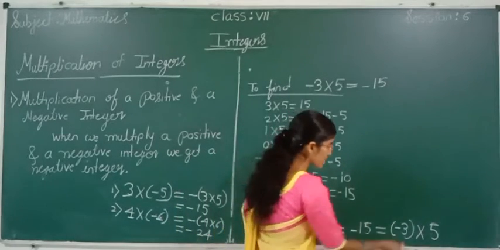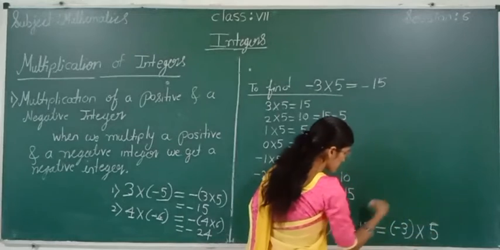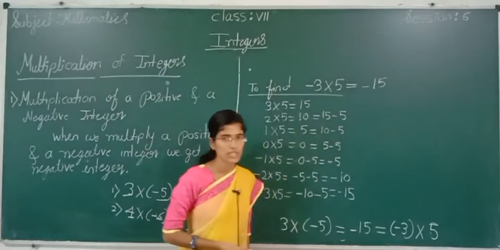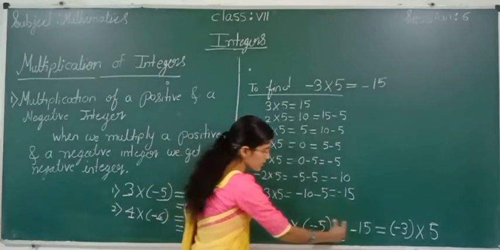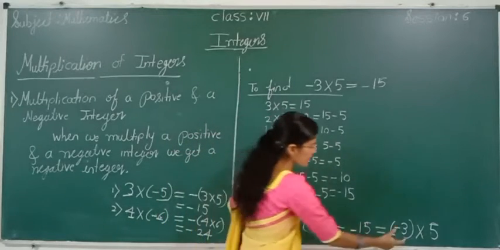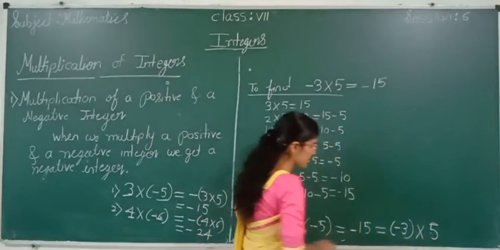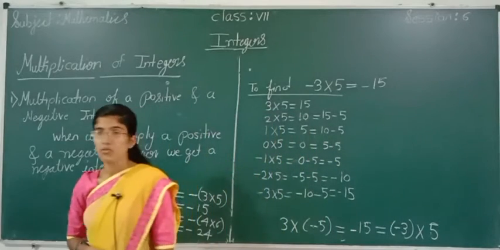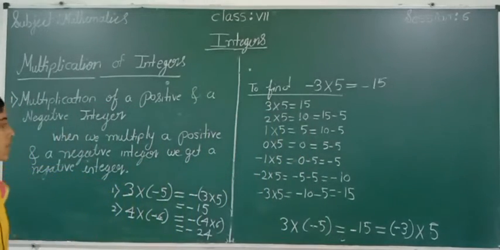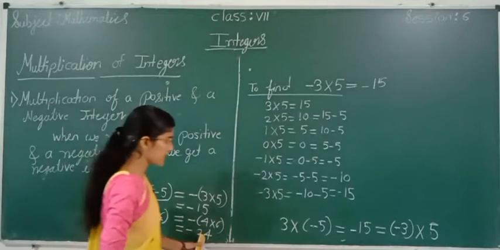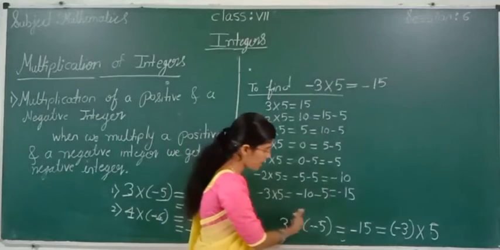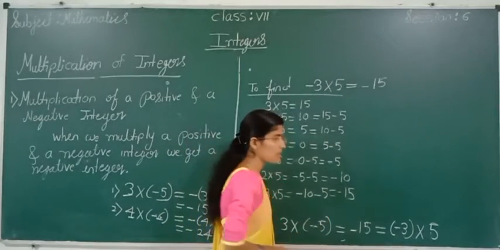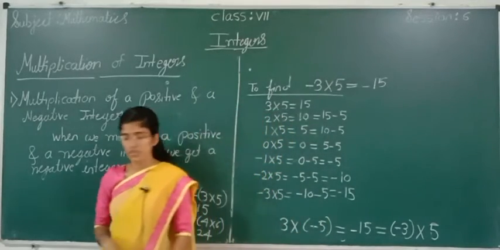And if we multiply a negative integer and a positive integer, we also get a negative integer only. 3 into minus 5 is minus 15, and minus 3 into 5 is also minus 15. What you have to remember is that the product of a positive and a negative integer is always a negative integer.